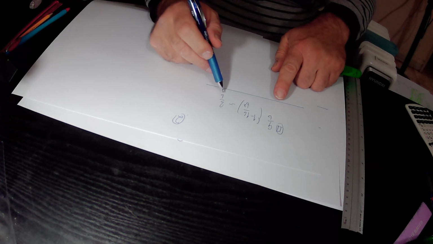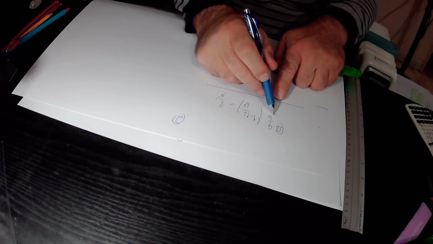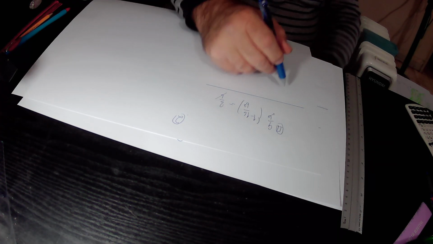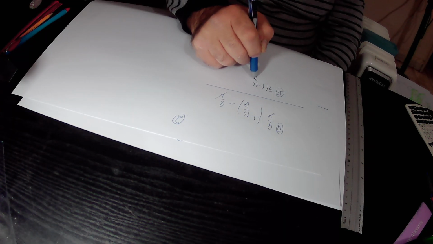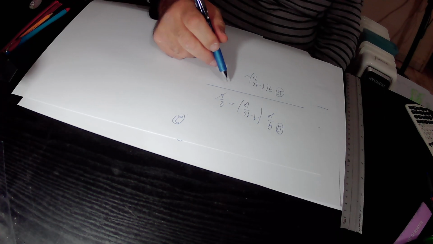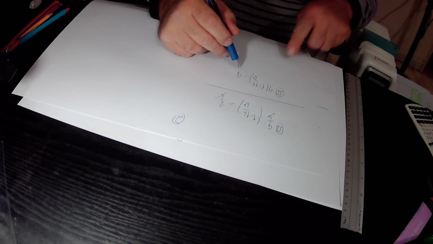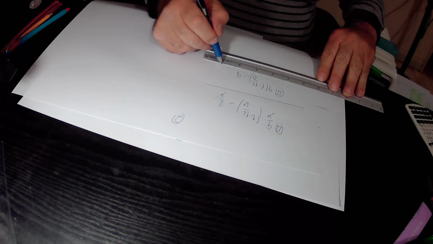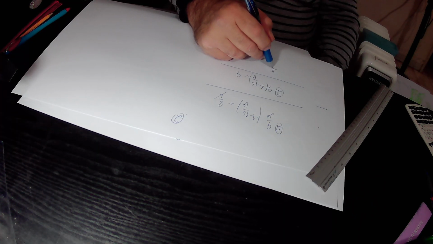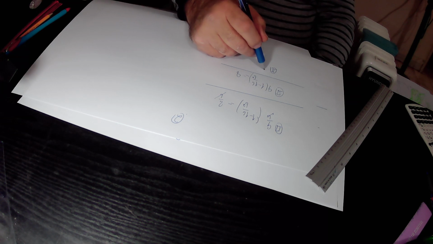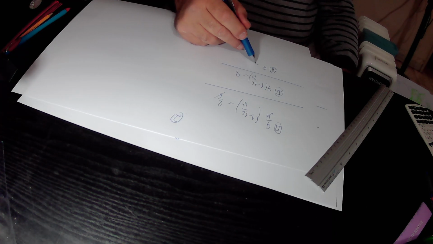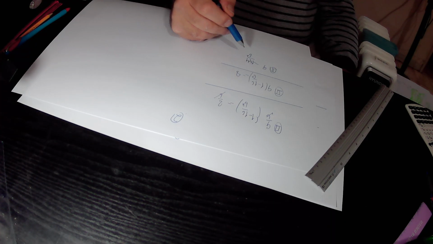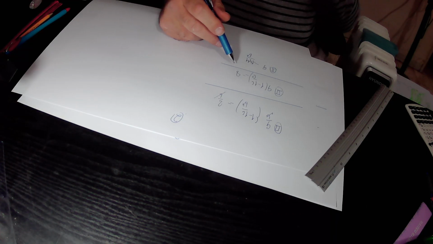We have b on both sides of the equation, so b gets cancelled. After we cancel b, on this side of the equation we are left with 9 times 1 minus 16 over b squared, and it equals 8. Here we open the brackets on this side of the equation and get 9 times 1 is 9, and 9 times 16 equals minus 144 over b squared, and it is equal to 8.